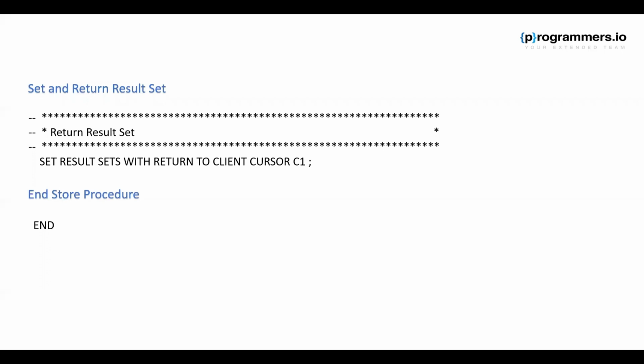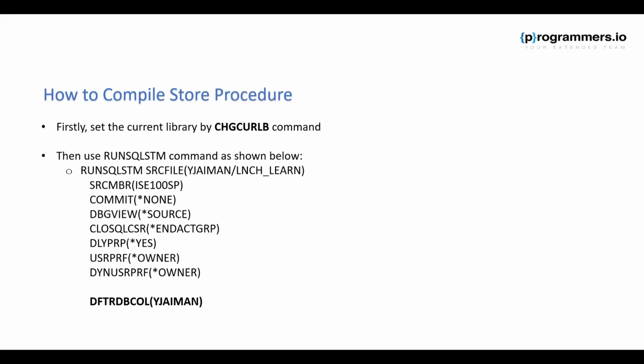Okay, now come to the presentation again. This is how you can compile a store procedure. Firstly, just set your library. You can change the current library, in which library you want to create an object.